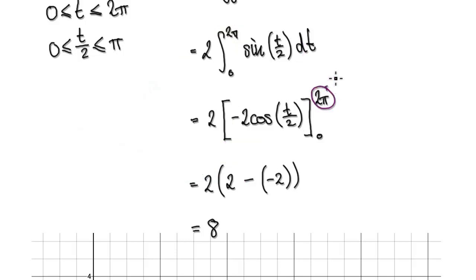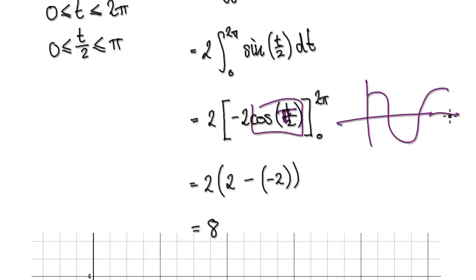So now we can put this into here. If you put 2 pi into here, 2 pi divided by 2, this thing here will become pi. And then cos of pi is negative 1. So this block here will be negative 1 times negative 2, that will give you positive 2. This 2 here is this 2 here.